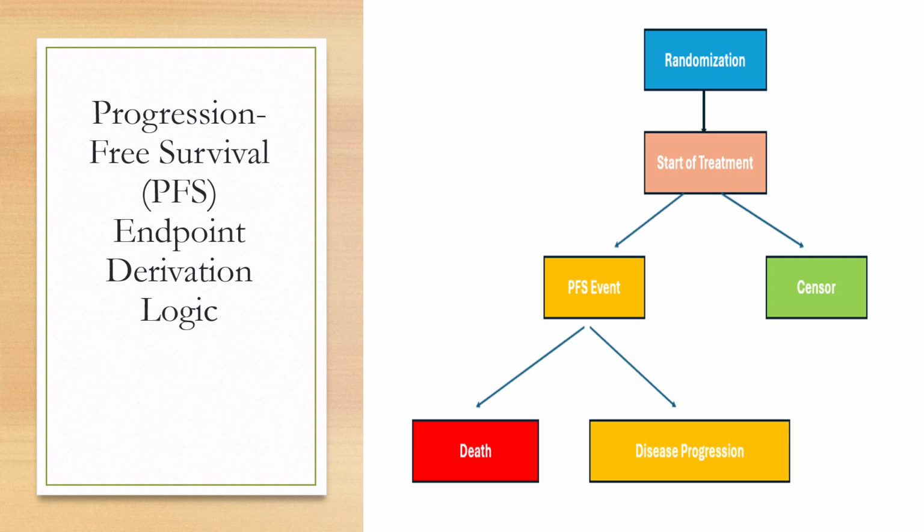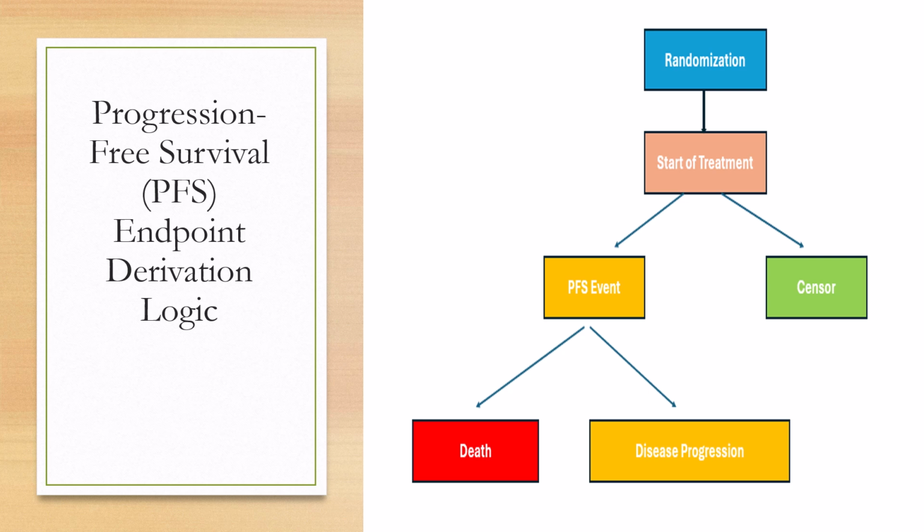The third thing we should know is what censoring is in this case. The data is censored for a subject who is still alive and has not progressed by the end of the study period, or if they are lost to follow up.